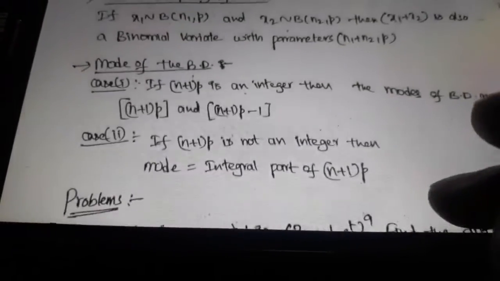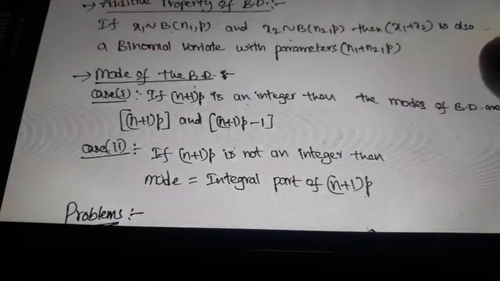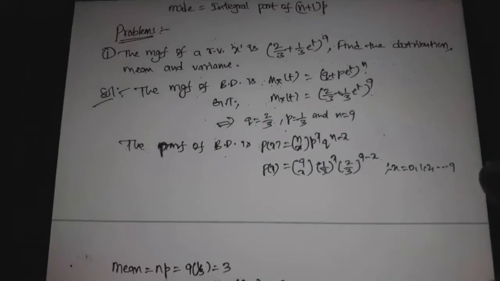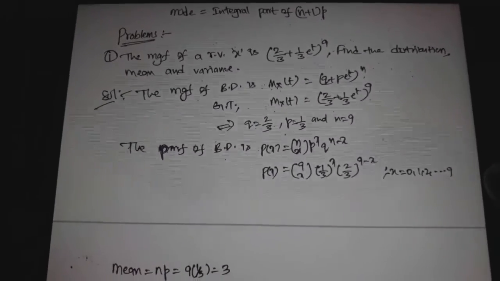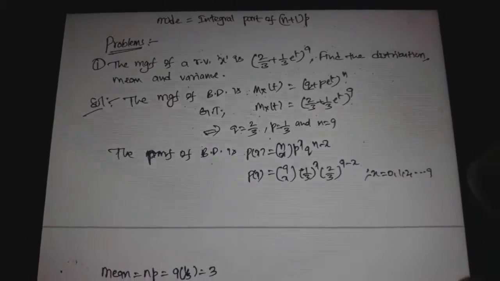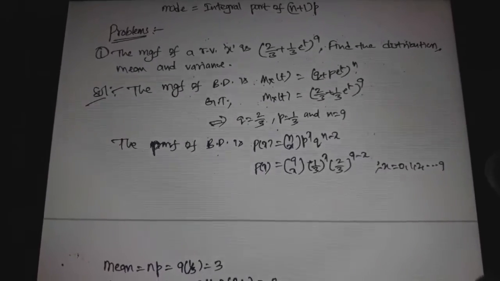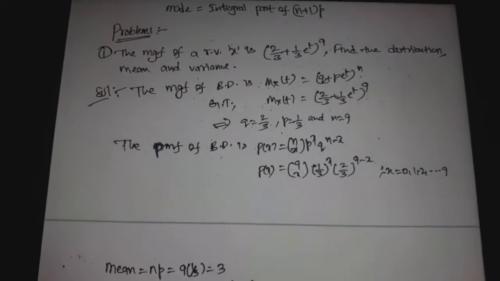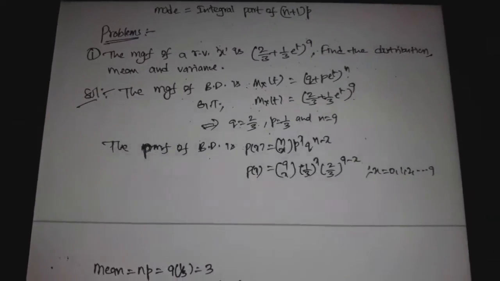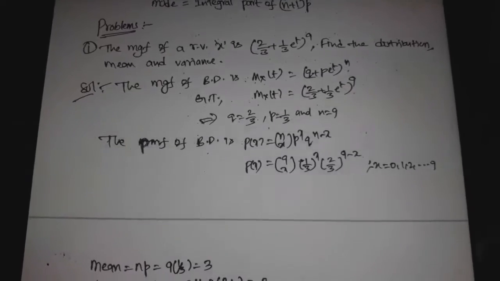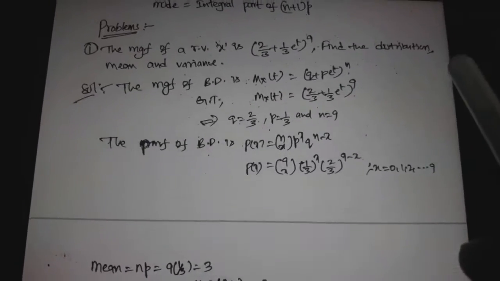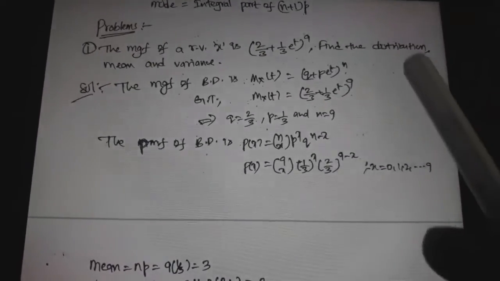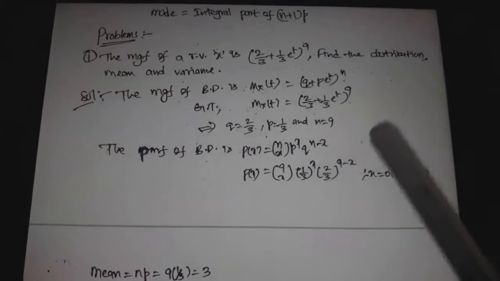Based on this, they consider some problems. First one: the MGF of a random variable x is the function given here. Find the distribution, mean and variance. You know that the MGF of the binomial distribution is q plus p e power t whole power n. This is of the form of Mx of t only. q is 2 by 3, p is 1 by 3, and n is 9.